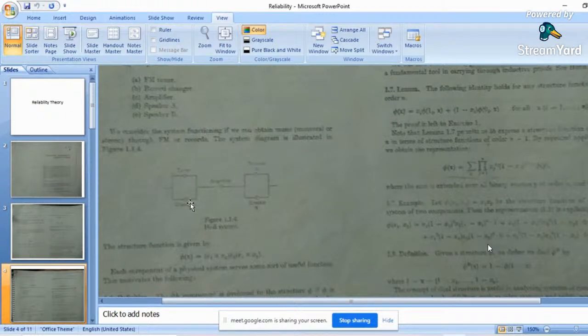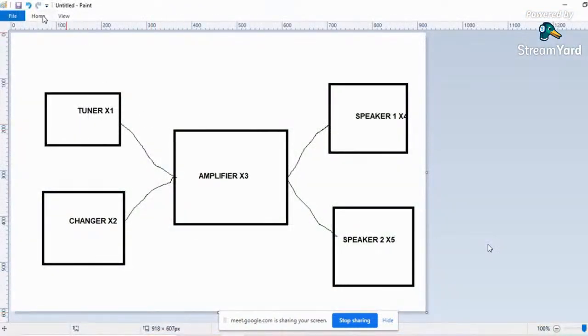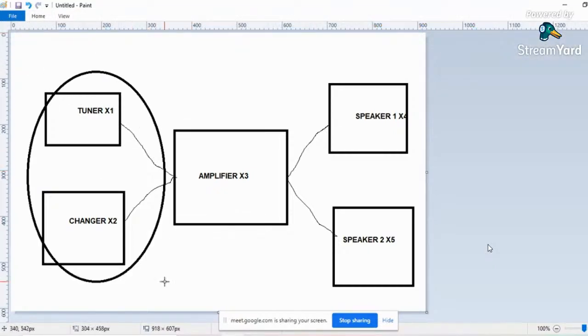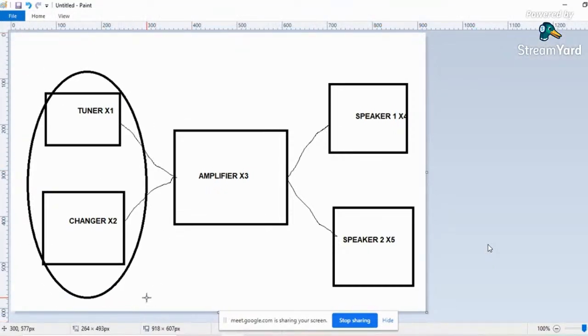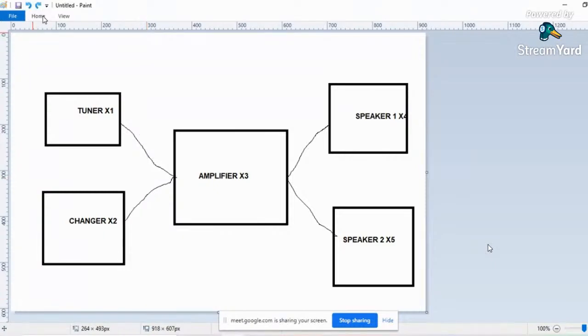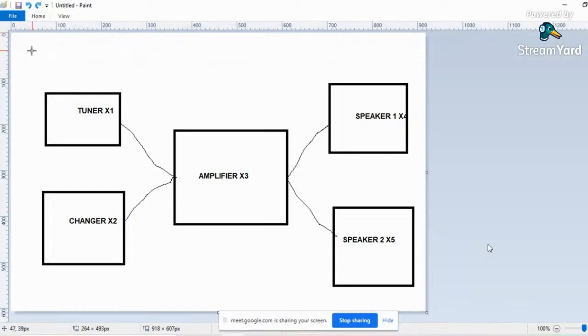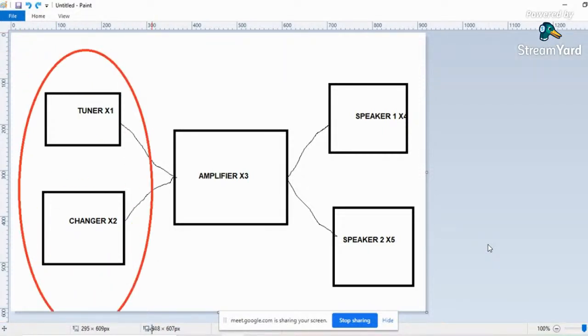So this is not a series system, not a parallel system. It is a parallel series system. Okay, so we can consider this as a single unit.